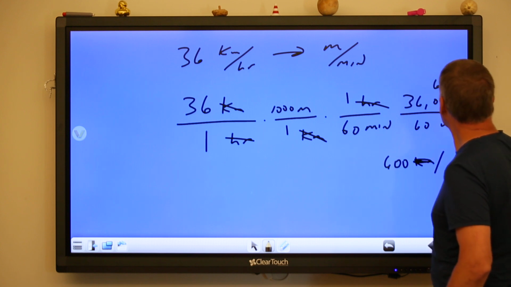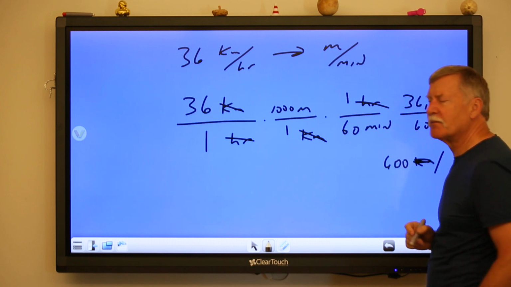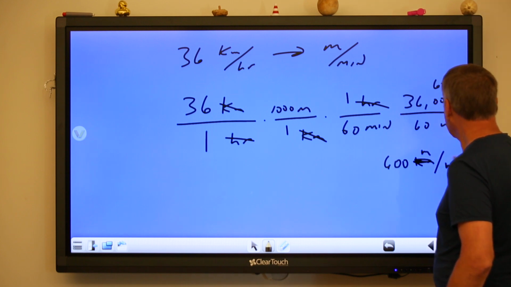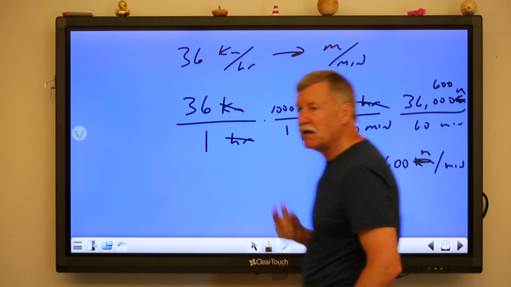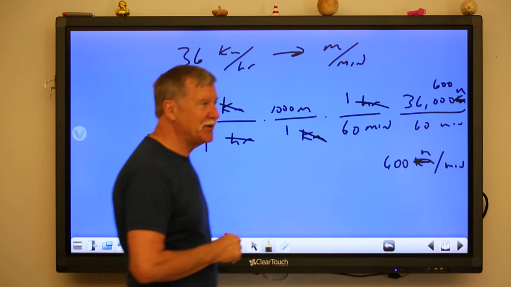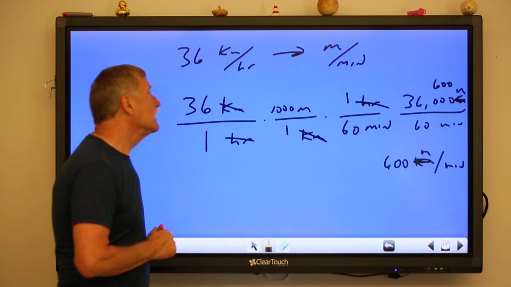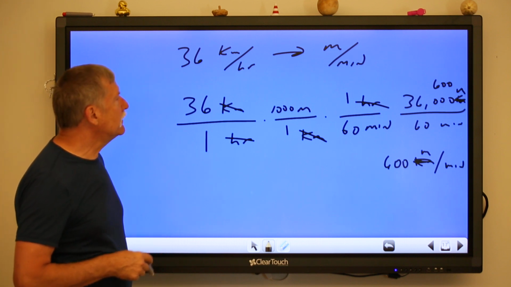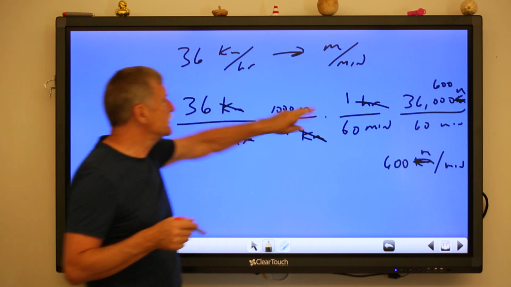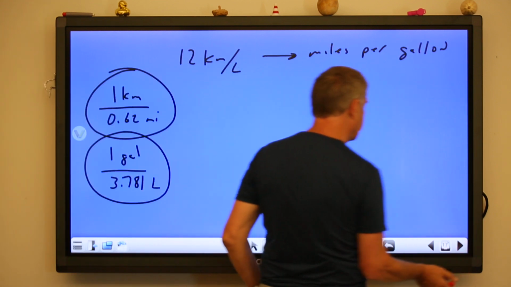Boy, that would be really fast if it was kilometers per minute. Meters per minute, 600 meters in 1 minute. That makes more sense than 600 kilometers per minute. That'd be really fast. All right. So, in this case I had to get rid of 2 units, so I used 2 unit multipliers.